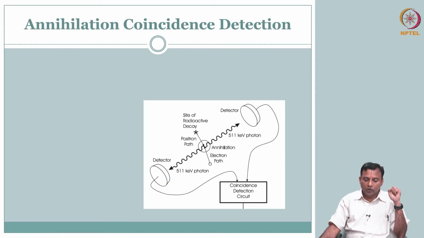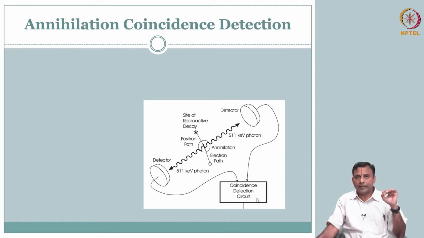Okay. So we talked about this, apart from the detector and stuff, the important key feature here is that the positron itself gives rise to these two photons. So the idea is, from the radioactive decay, the positron comes out, but then it annihilates with an electron and you get two photons of 511 kilo electron volts.